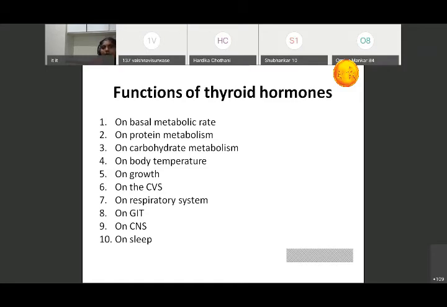On carbohydrate metabolism, it is also a hyperglycemic hormone, one of those things which increase the blood sugar level. Number one, write down, it increases the blood sugar level. How? It decreases utilization of the glucose by the cell.